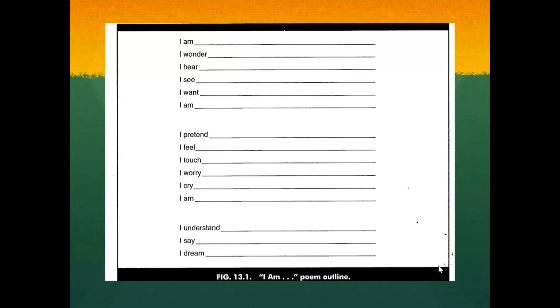And this is called an I am poem, which you're going to complete with this particular module. It really gets in the mind of either you, if you were writing this about yourself, you would write about who you are under the I am line. And then what do you wonder? What do you hear? And what do you see? And so on. Students can do this about historical figures that they're learning about in their class.